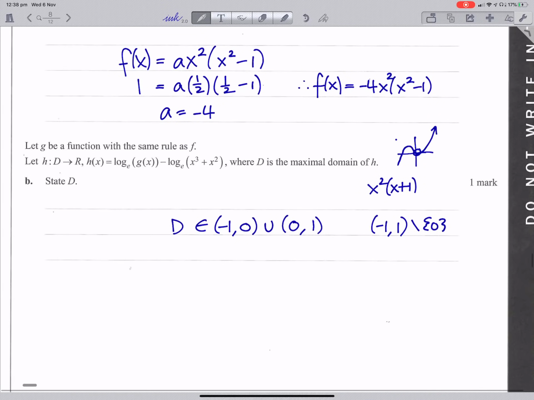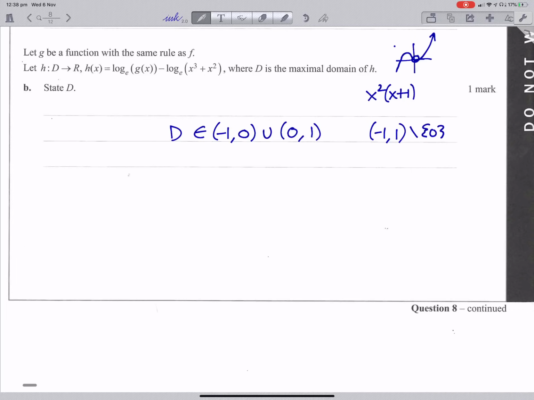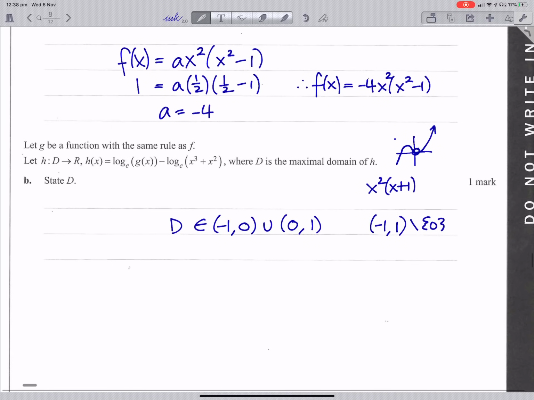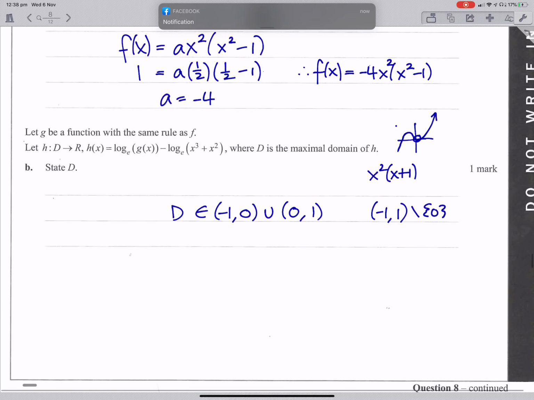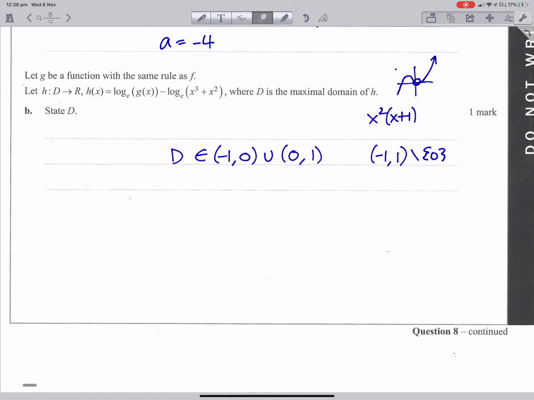State the range of h. Okay, so the x values that go into here, we know the x values that come out of the x values that go into the first log. Oh, let's have a look.